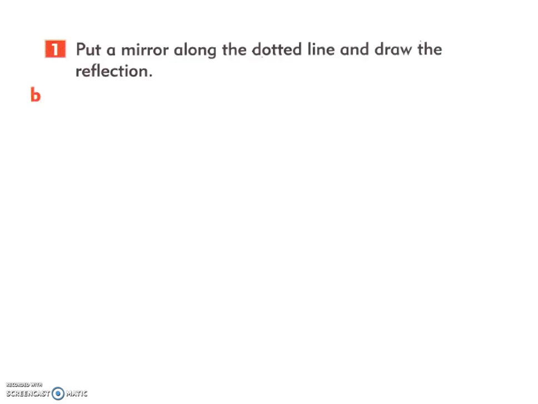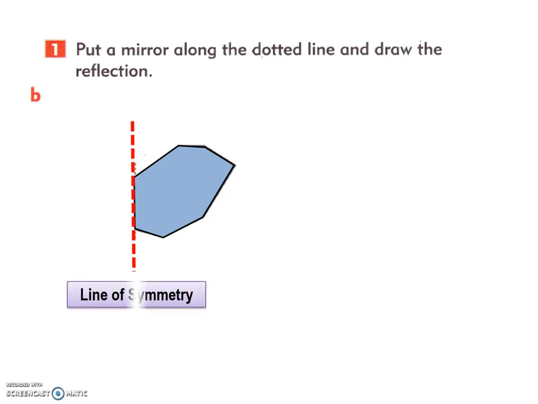Now, put a mirror along the dotted line and draw the reflection. Now, this is the object, and the red dotted line is the mirror line. So basically, if you reflect this shape in the mirror line, or sometimes we call it the line of symmetry, you get the image which is flipped to the other side.